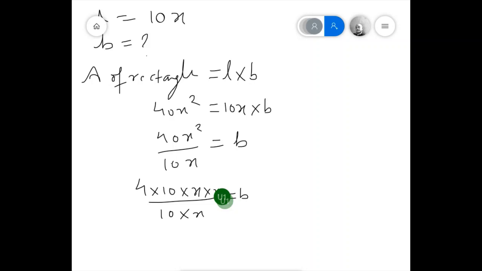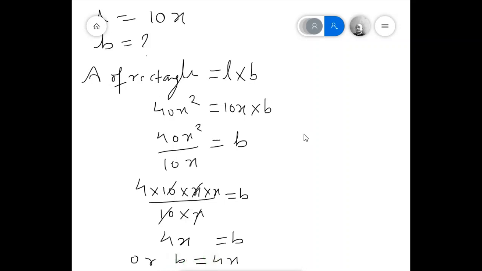Now you can see we can cancel 10 and 10, x and x. So what is remaining now? 4 into x. There is nothing in the denominator. So the answer is 4x equals breadth, or breadth equals 4x.